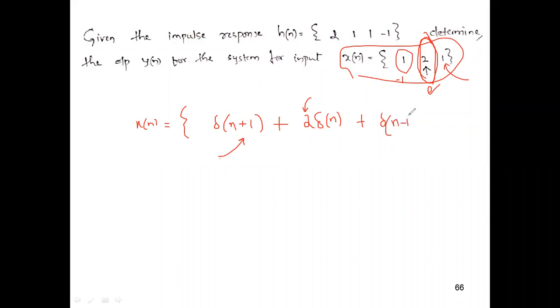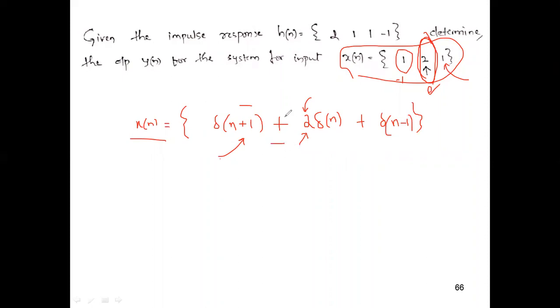Now, what I have done here is I have represented this signal x of n in terms of shifted and scaled impulses. Are we cool? So x of n is a weighted superposition.